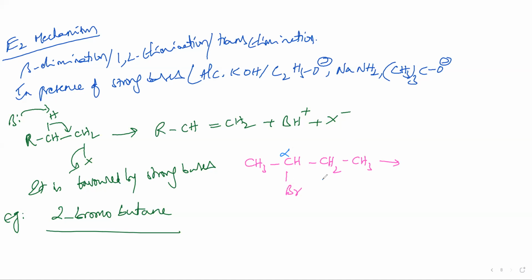Adjacent carbons are called beta carbons. Now two beta carbons are there. So that means we can eliminate hydrogens from these two beta positions. But which one is more favorable?